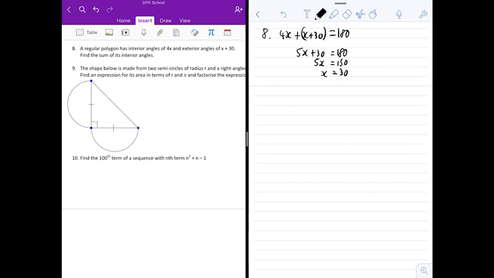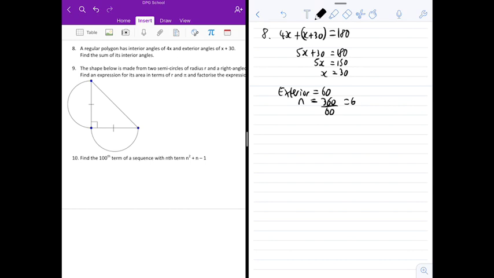Now to find the sum of its interior angles, we need to figure out how many sides there are. So if the exterior angle is x plus 30, and the exterior angle is 60, we know from the previous question the number of sides, n, is going to be 360 divided by this exterior angle. So there are 6 sides.